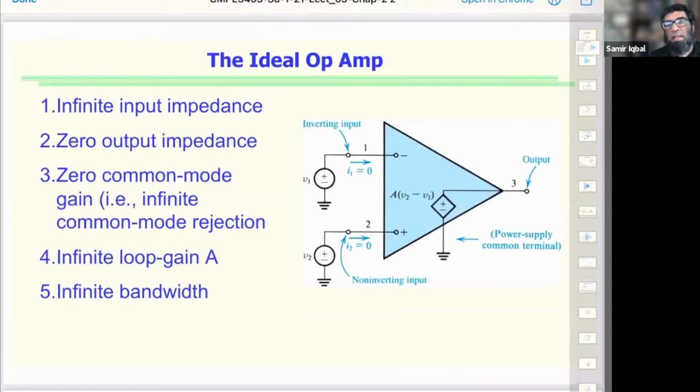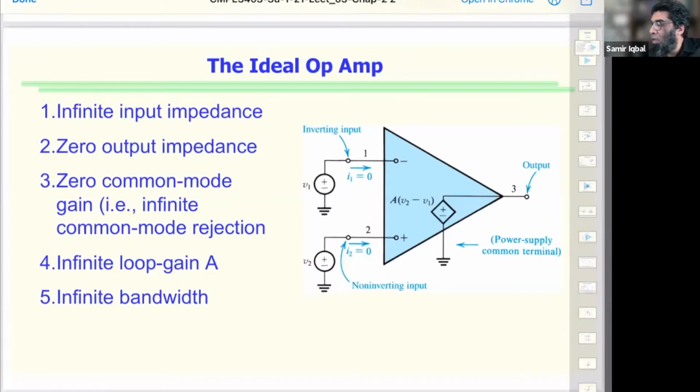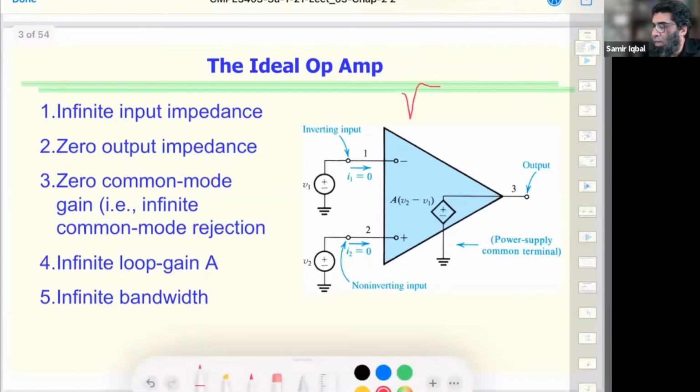Which means that only the difference of 2 signals is amplified. All right, so if I have to write that down, at V out, what I get is the gain multiplied by the difference of 2 input signals.